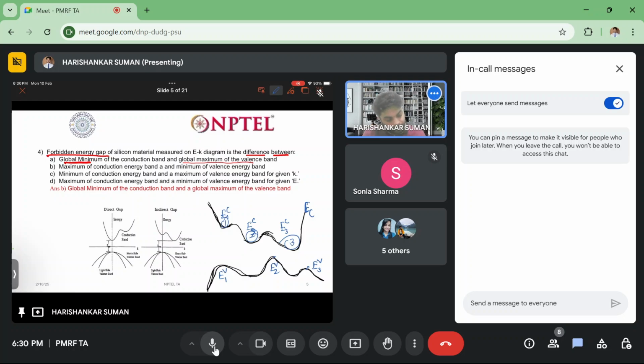So this is the third one. This is the global minimum, and this is the global maximum, and this is the forbidden energy band gap of the material. Clear?